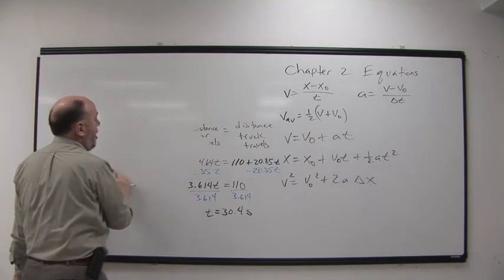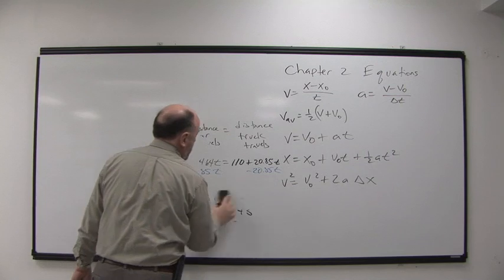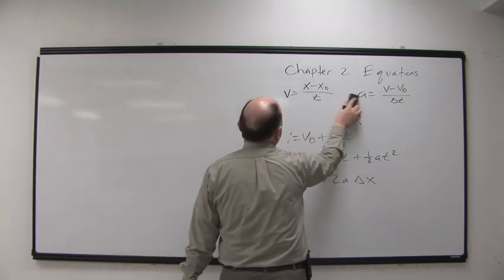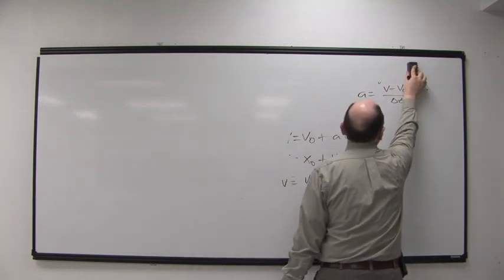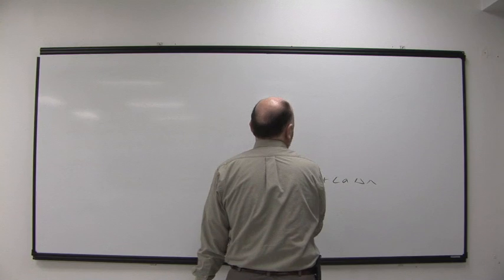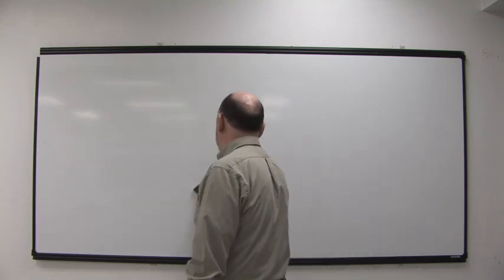A prime example of constant acceleration is gravity. If you drop an object, gravity pulls on it at a constant rate.